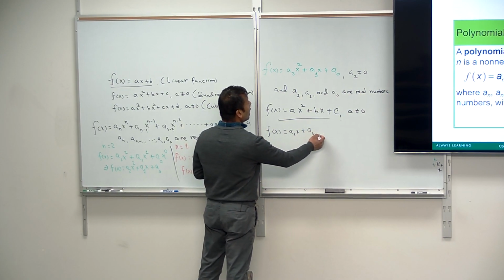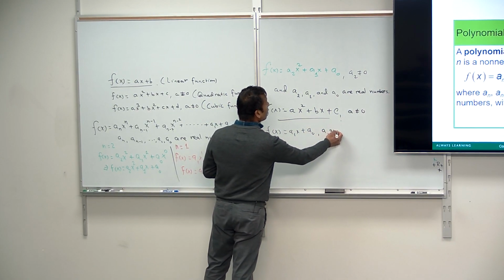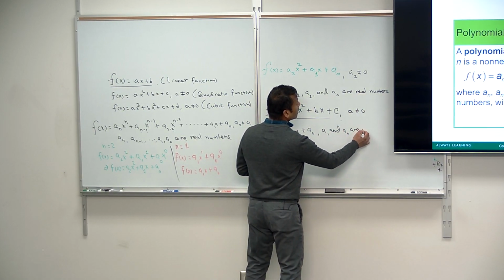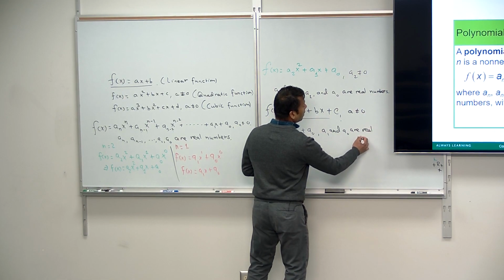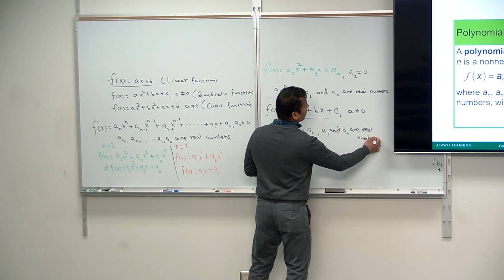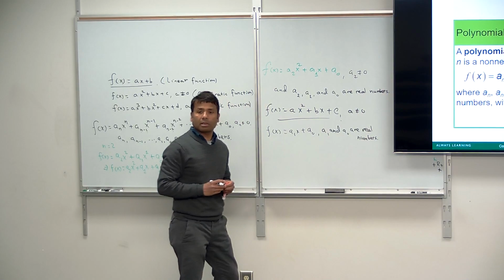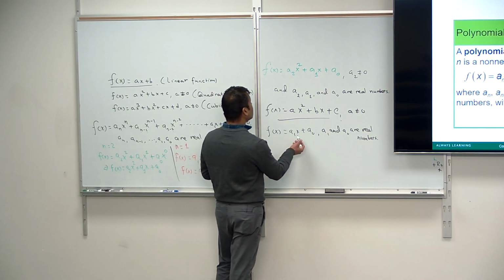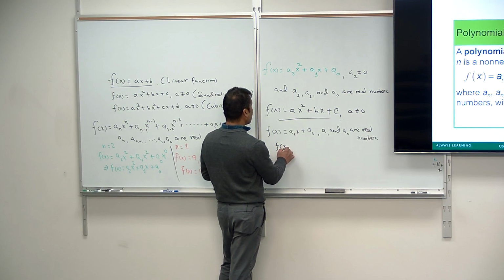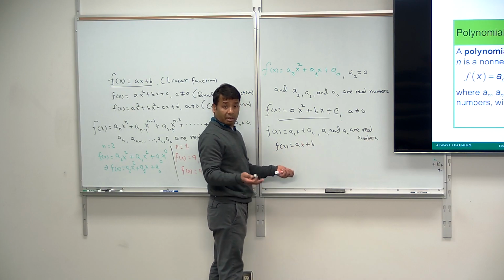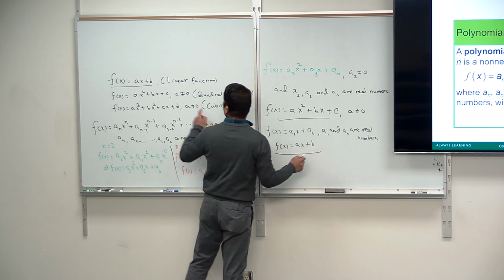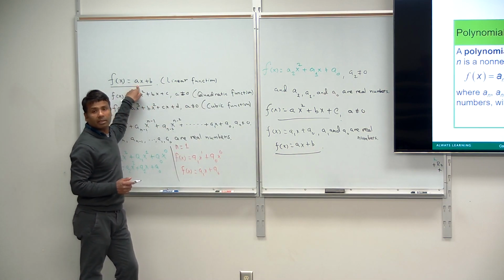But this a1 and a0 are real numbers, that makes sense? If you replace a1 by a and a0 by b, because they are real numbers, you can do that. Now this is a linear function. Does that make sense?